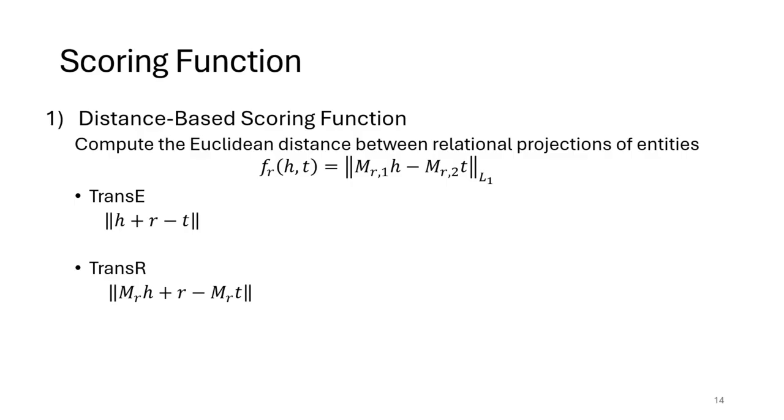In TransR, since the space that maps entities and relations is different, the head and tail are projected onto the relation space, and then embedding is performed so that the sum of the head and relation is equal to the value of the tail.